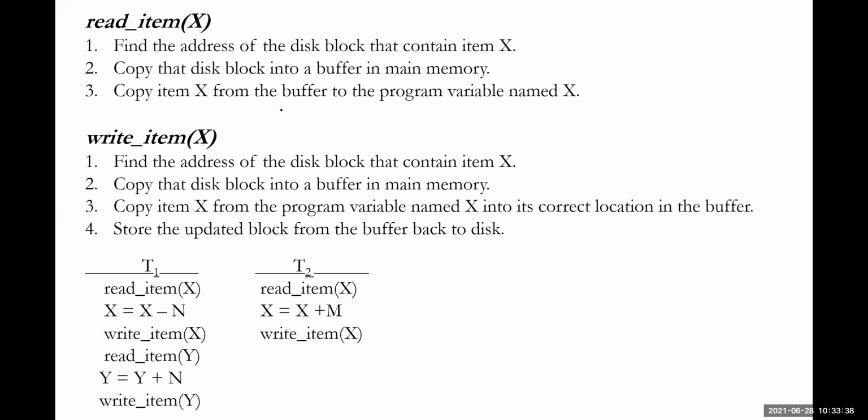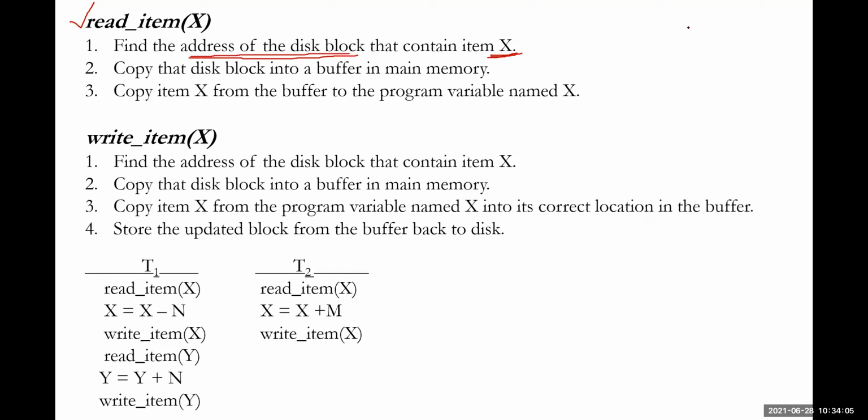Then, when you operate this particular read item, what could happen? What is the actual operation that is done? Normally, your item X, whatever value you are looking for, is stored somewhere in our disk. Read item will always look for the address of the disk block.